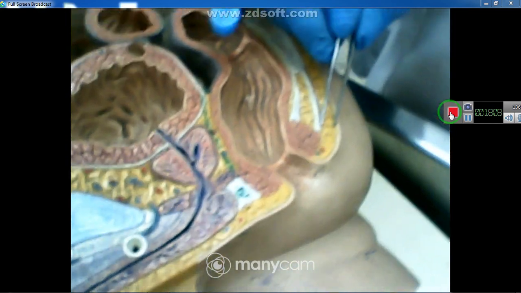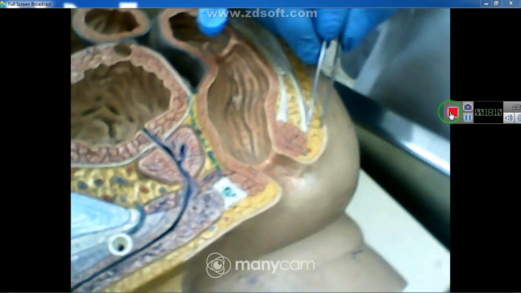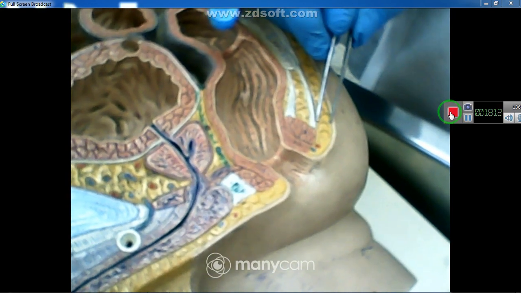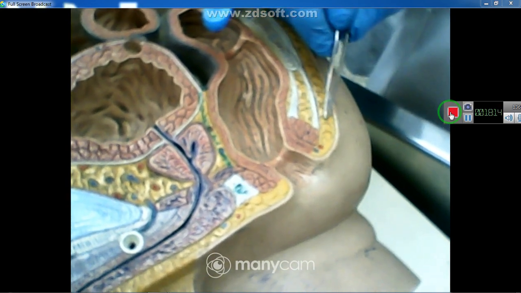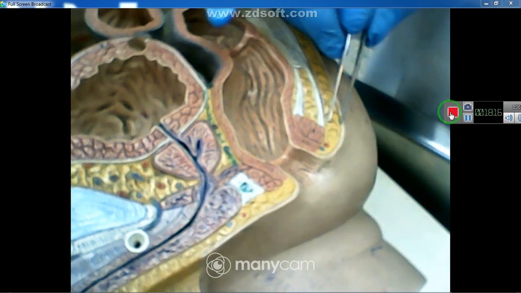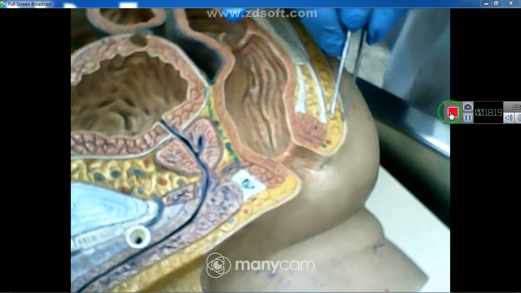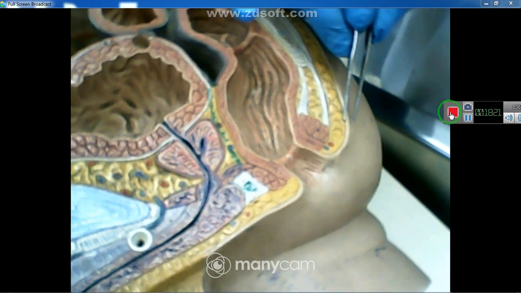This abscess is collected in the ball of perianal fat below the perianal membrane. It will be very painful, and the patient will not be able to stand. You have to open it and evacuate it.